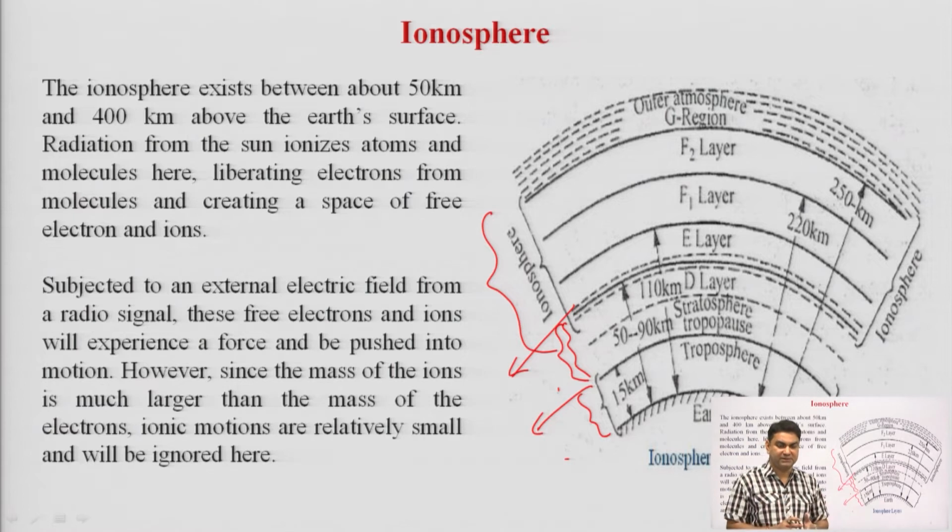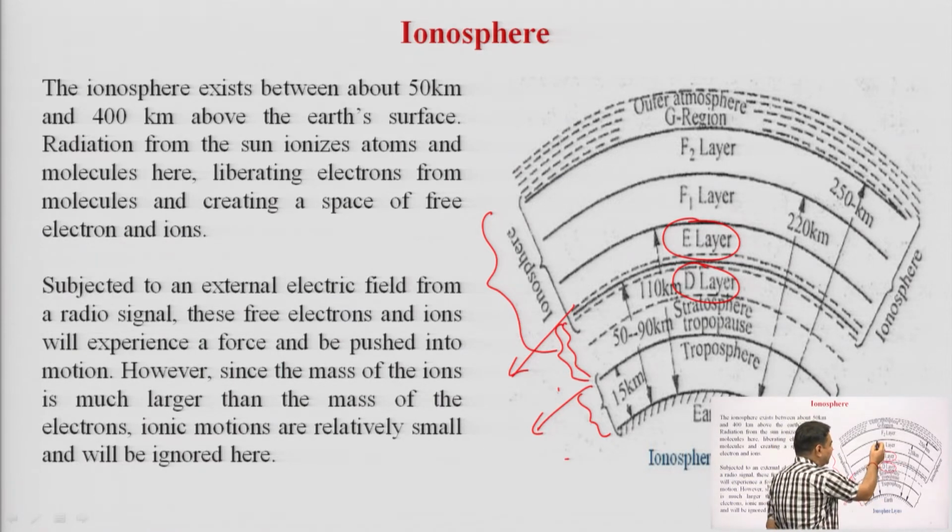How does it happen? First of all, we will study the different layers of the ionosphere. These are the 4 layers. The first layer is the D layer, situated between 50 and 90 kilometers. Then the E layer is situated between 90 and 140 kilometers.